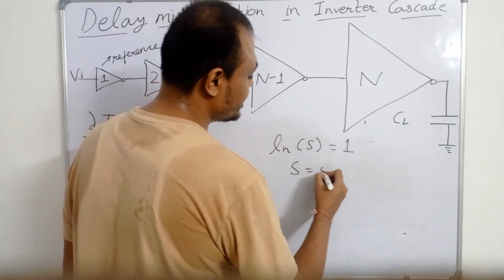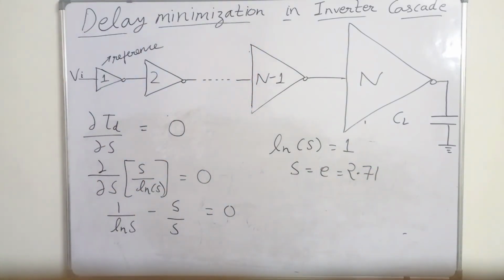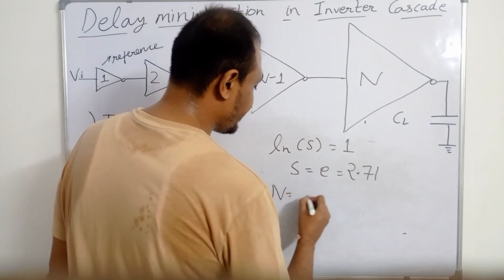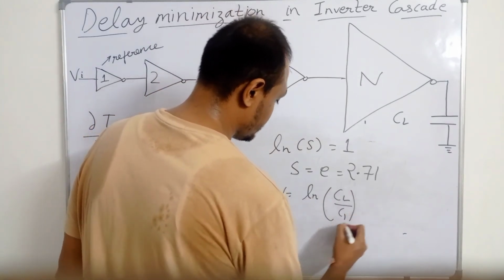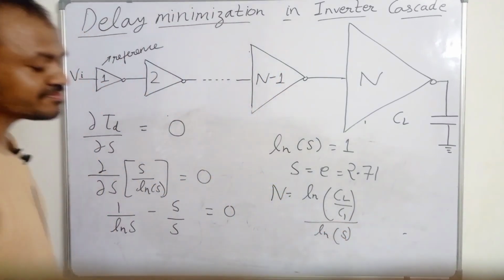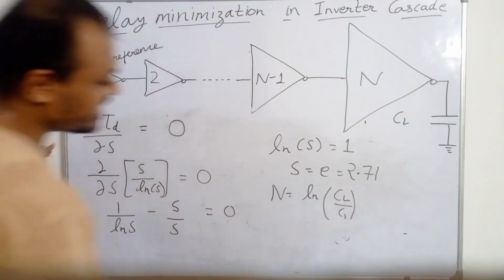So S will be equal to the exponential, e, which is 2.71. So the stage ratio is equal to 2.71. So n will be equal to natural logarithm of CL upon C1 upon natural logarithm of S. Since natural logarithm of S is equal to 1, n is equal to natural logarithm of CL upon C1.